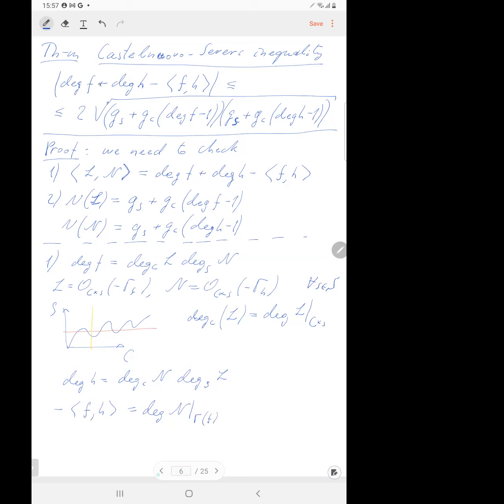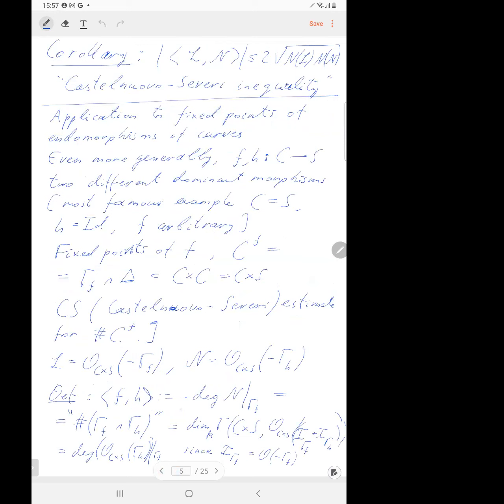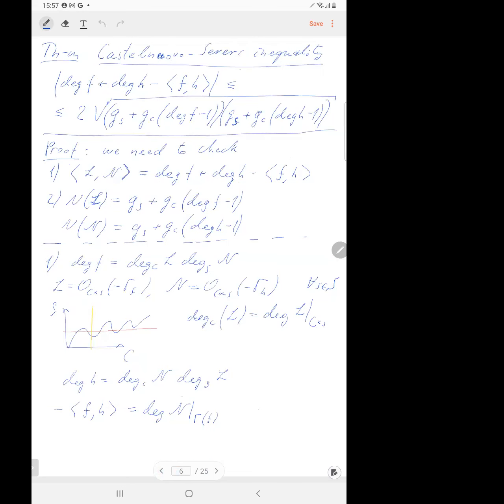Just by definition, if you see the definition, it's just this. Okay, fine. So we are done with part 1, and now I have to check part 2, namely the first. The second is symmetric.